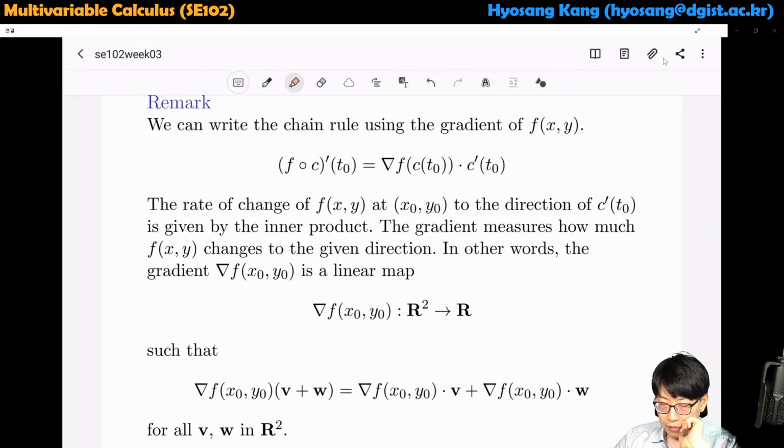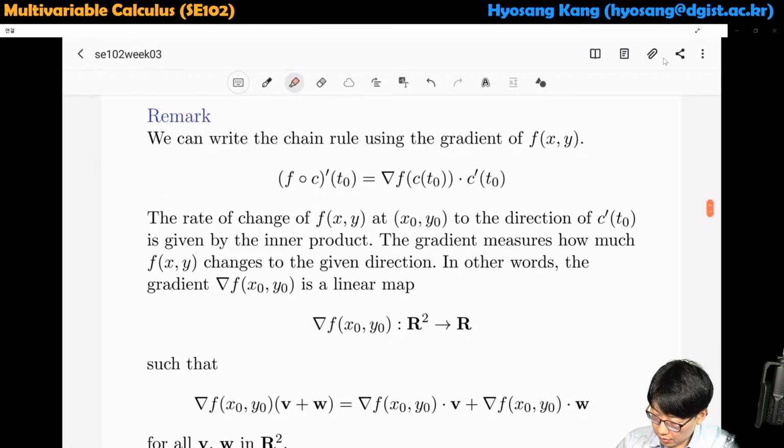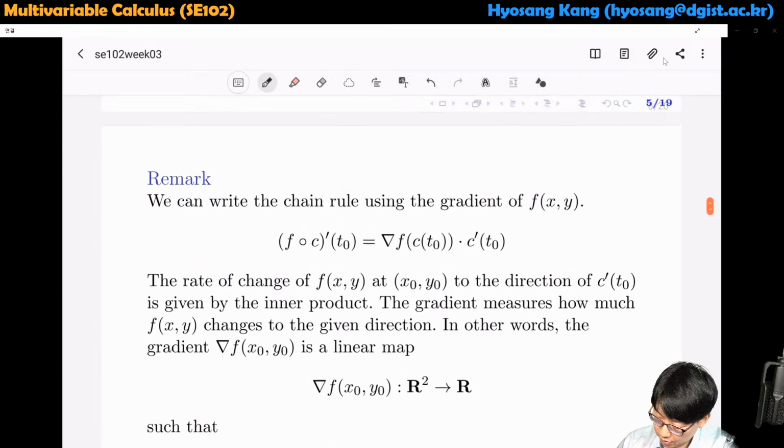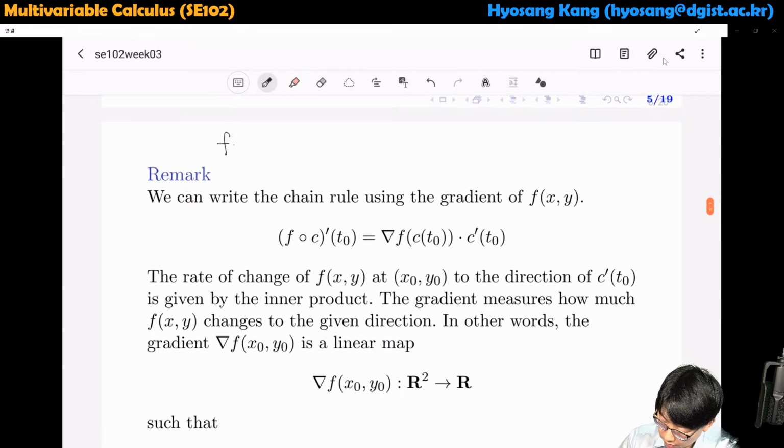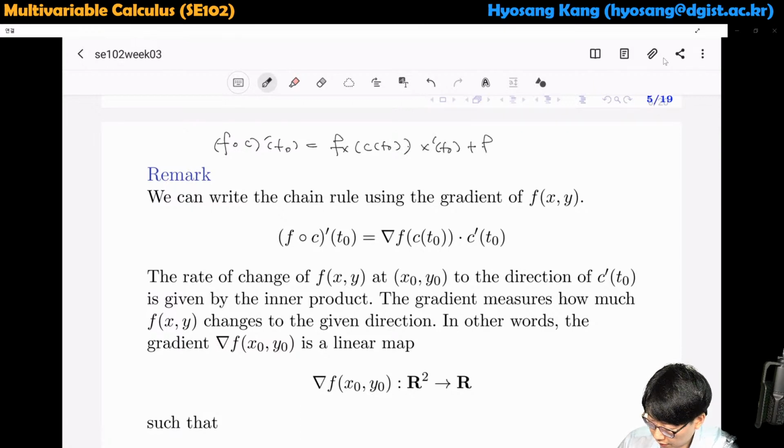So here's another remark on the chain rule. Let's rewrite our chain rule here. If I take the composition of f and c at t0, the derivative becomes f_x(c(t0)) times x'(t0) plus f_y(c(t0)) times y'(t0).